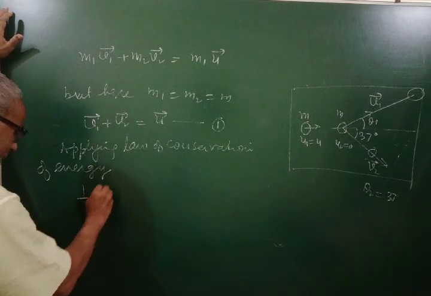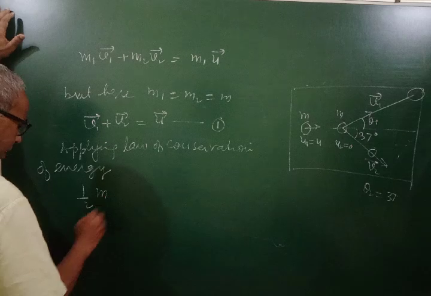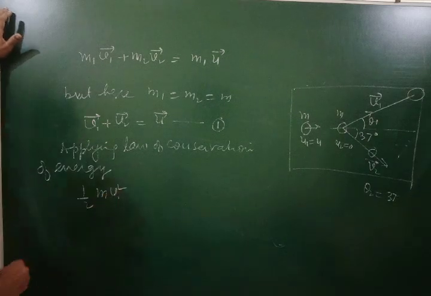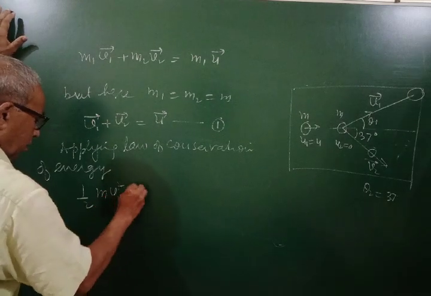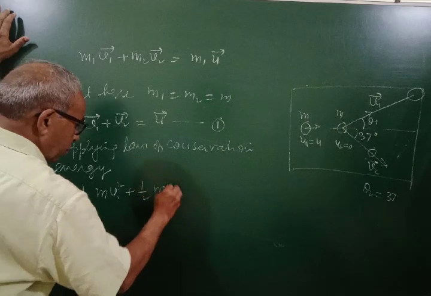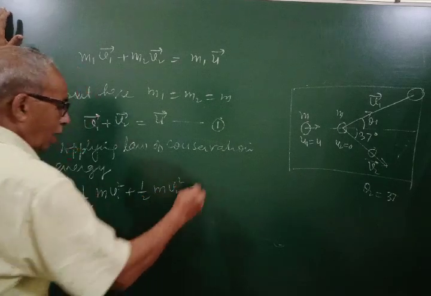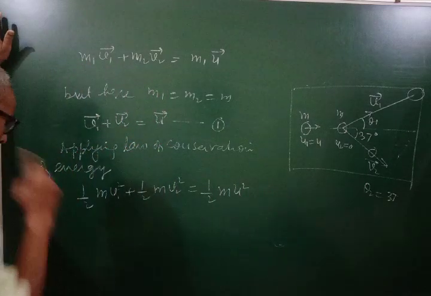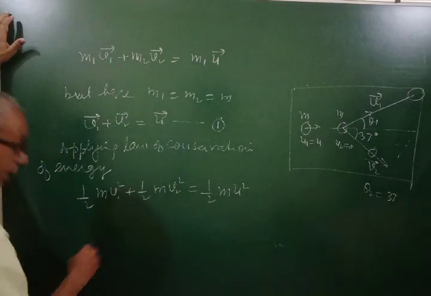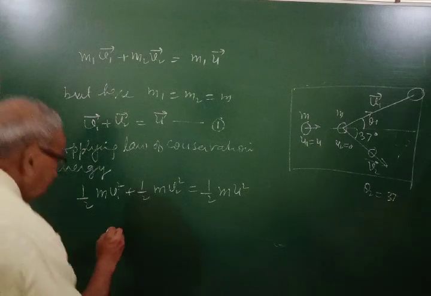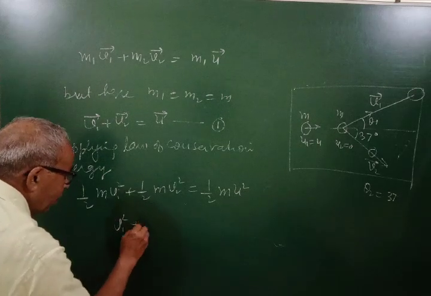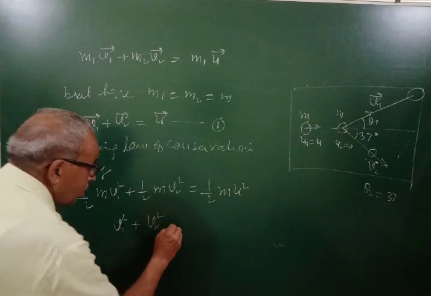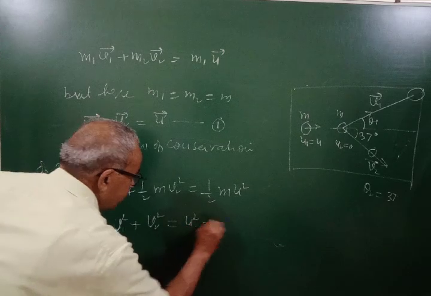Half M1 V1 square plus half M V2 square equal to half M U square. And we get from here, half M cancels, so V1 square plus V2 square equal to U square.